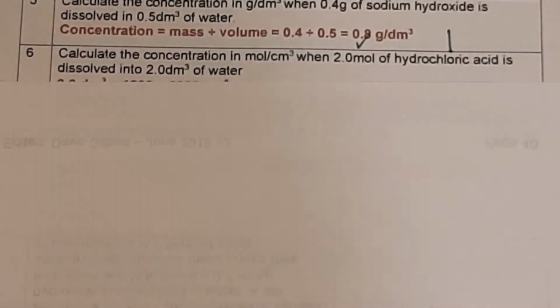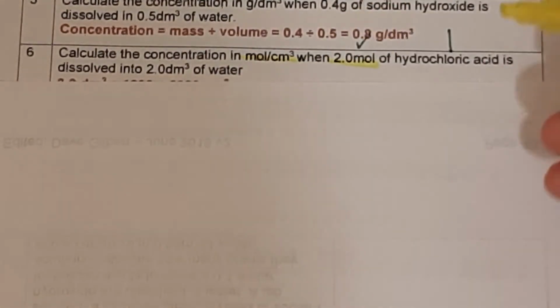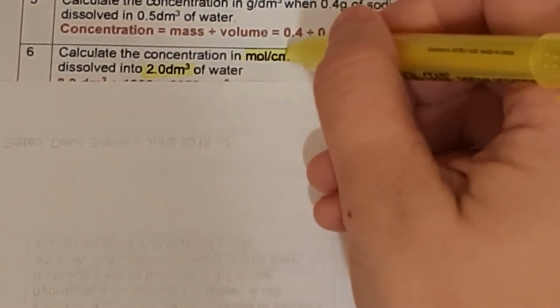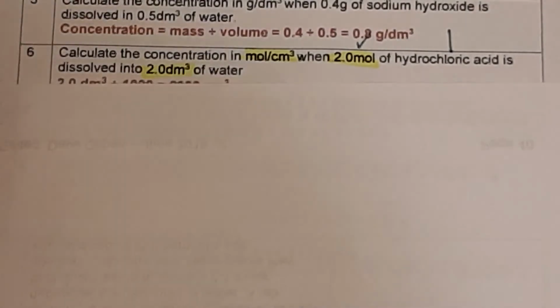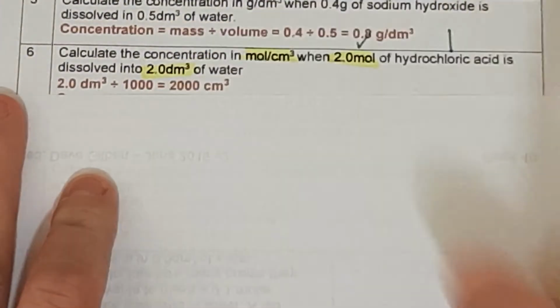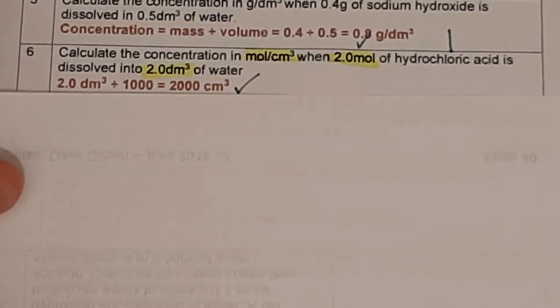Question 6. Calculate the concentration in moles per centimetres cubed when 2 moles of hydrochloric acid is dissolved in 2 decameters cubed of water. So we're both using moles, but we're using centimetres cubed here and decameters cubed here. So we will need to convert that amount. So 2 decameters cubed, divide it by 1,000 to convert it to 2,000 centimetres cubed, and that's worth 1 mark.